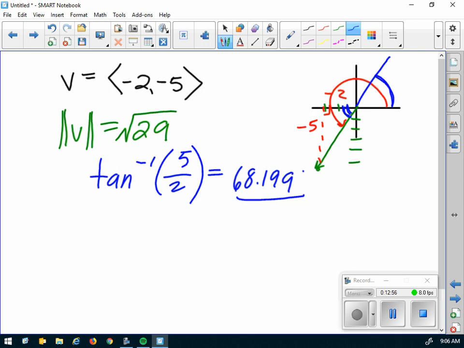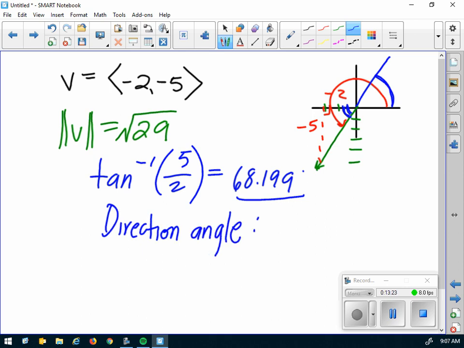Good. So, now listen here. Do not write plus 180 right here. That's not right, because you are implying that the inverse tangent of 5/2 is this whole big thing. But it's not. So you're just going to go down here and say the direction angle. No. DA means district attorney.